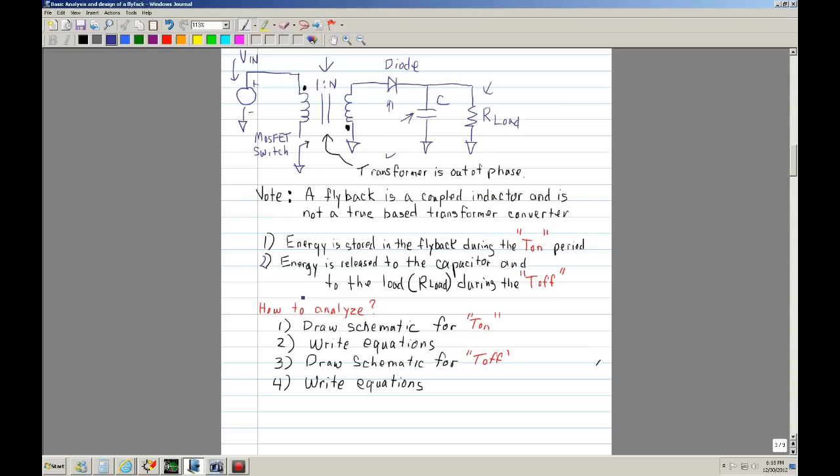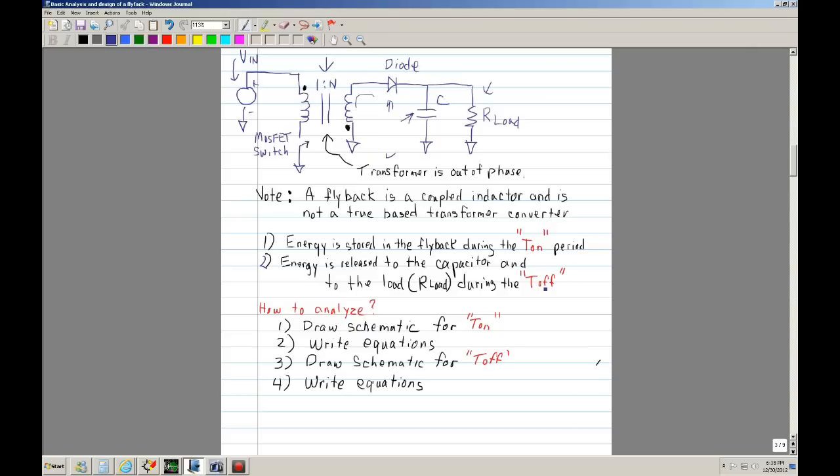Now when the switch opens up, the energy, in other words the magnetic flux that has built up, is then released. It's released by turning on the diode, and the energy that is stored in the transformer is used to charge the capacitor and power your load. And that is done during the T-off.